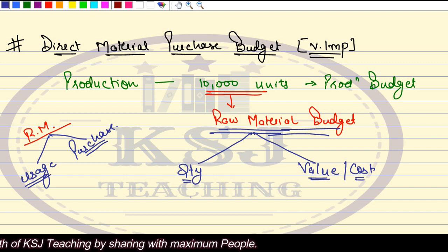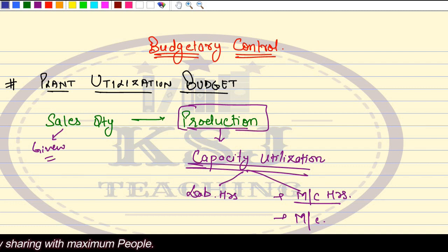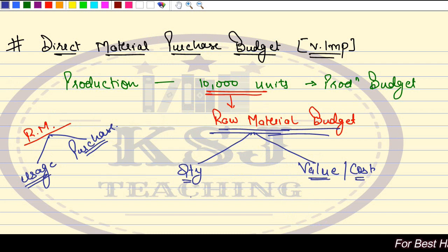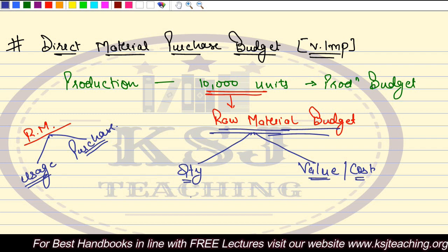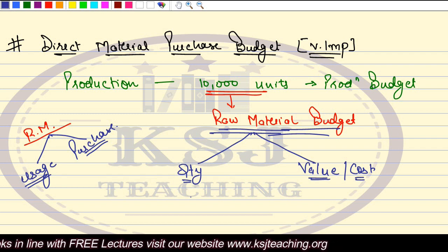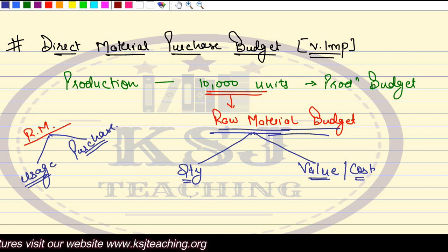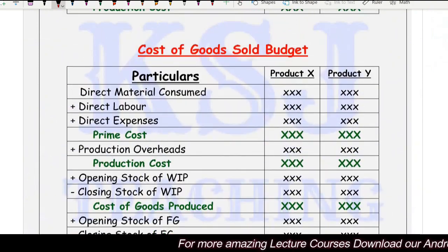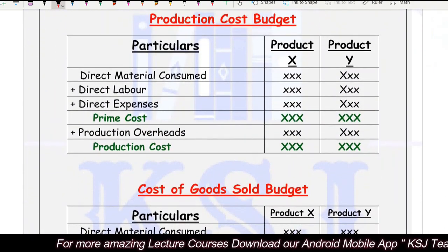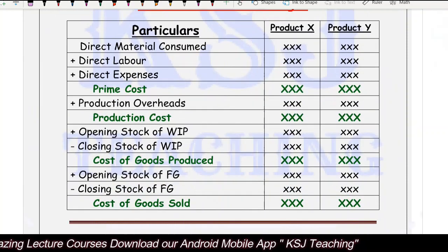So in this lecture we have covered two budgets: the plant utilization budget and the direct material purchase budget. In the next lecture we will discuss the direct labor cost budget, the factory overheads budget, where there is no specific format as such, then the production cost budget, and then the cost of goods sold budget.